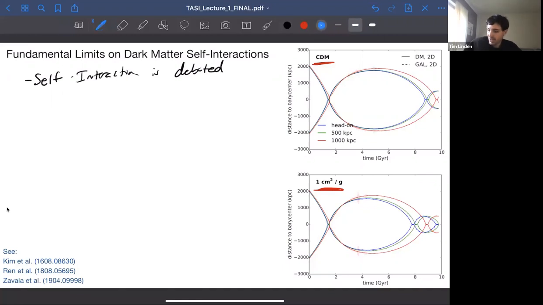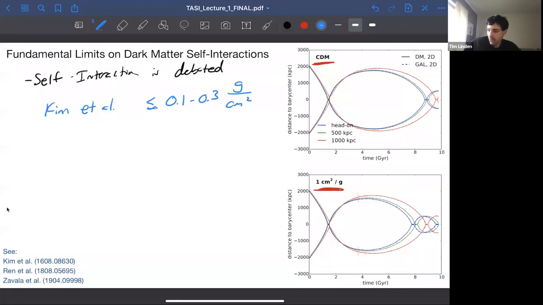So observations of galaxy clusters by kinematics give a constraint that is less than about 0.1 to 0.3 grams per centimeter squared.